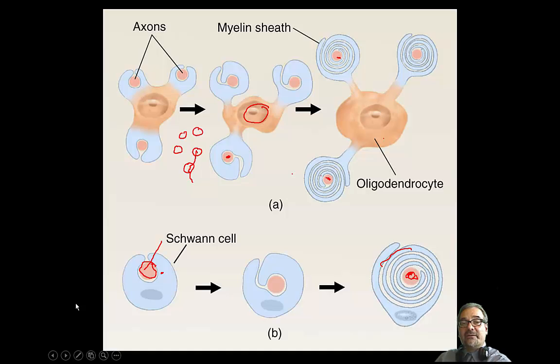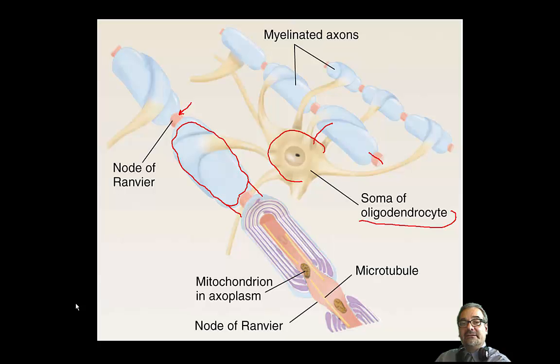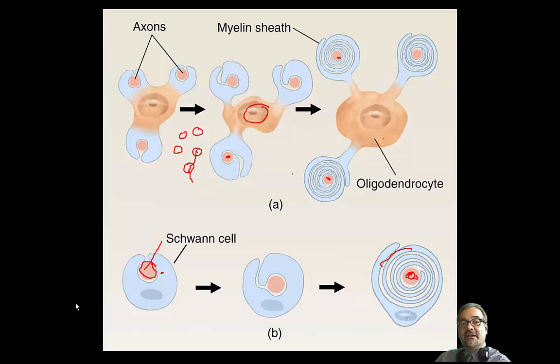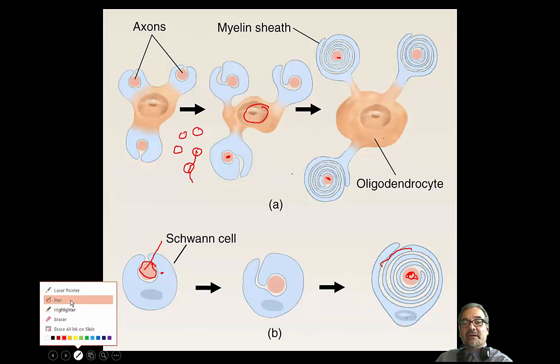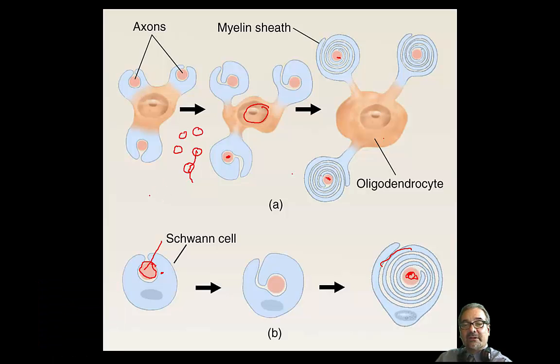So we've talked about three types of cells, right? Astrocytes, oligodendrocytes, and Schwann cells. Unfortunately, I don't have a picture for the fourth type of cell, but it's a very simple, very interesting cell called the microglia. Microglia are obviously the smallest glia because they're micro, and they perform the function of other cells we have in our body called phagocytes. Phagocyte comes from phagia, which is swallowing, and cyte, which is cell.